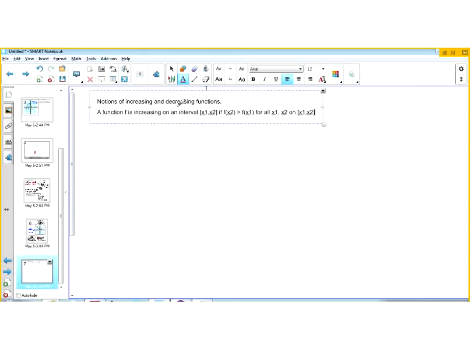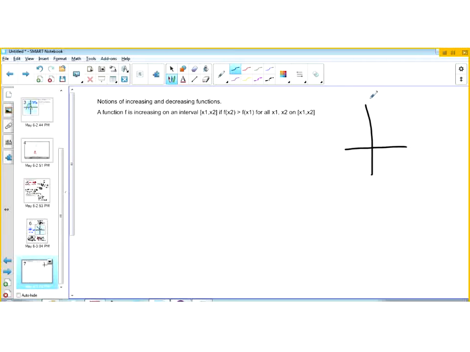Okay, so in other words, an increasing function will have this kind of look to it. So here's my xy axis, here's x, here's y, and an increasing function will go like this. As you see, as x increases, y correspondingly increases on this particular interval. Here's my x1, and here's my x2.